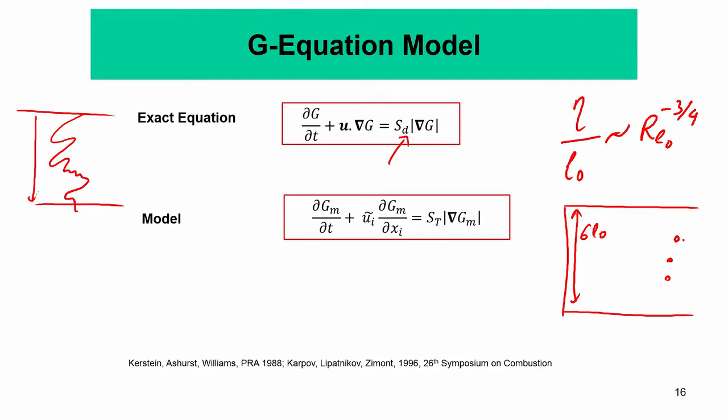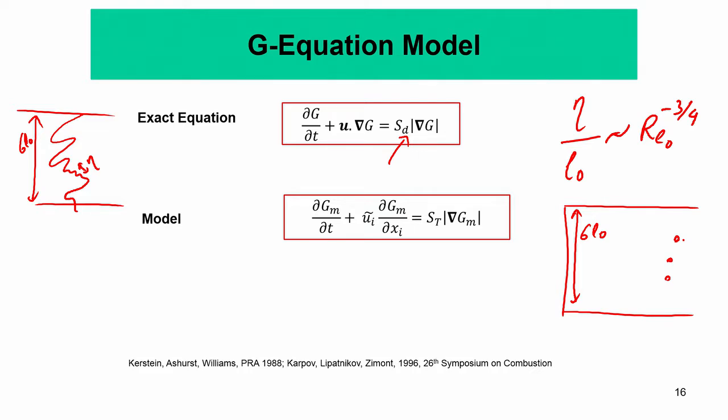So, even if you solve this G equation, you need to resolve the largest length scale, which is again of the order of 6 times L0 approximately, because your integral length scale is 1/6 of the domain size, and your smallest scales will once again be of the order of eta or the flame thickness, whichever is smaller. So, your computational requirement still is very huge, right.